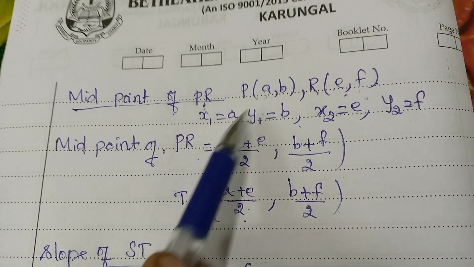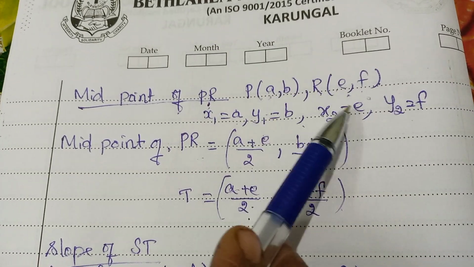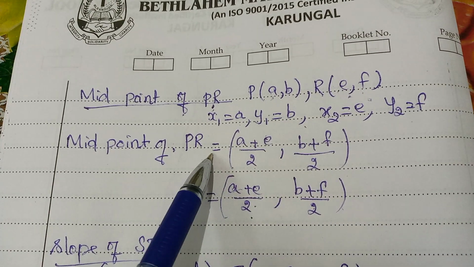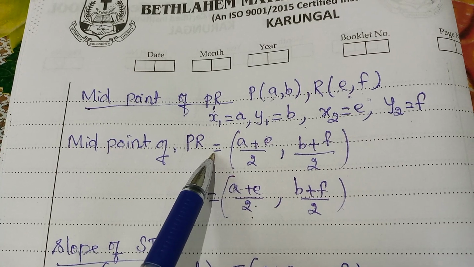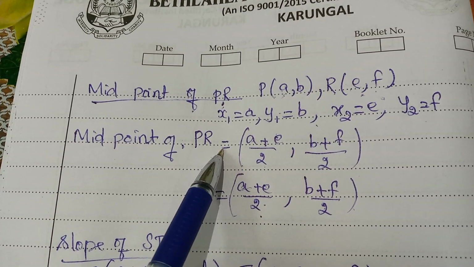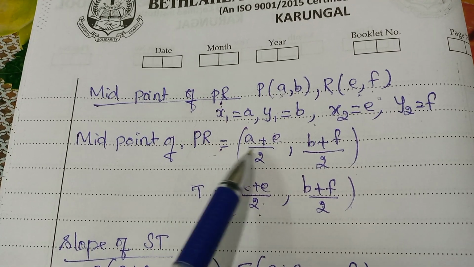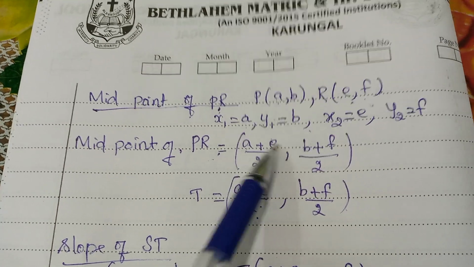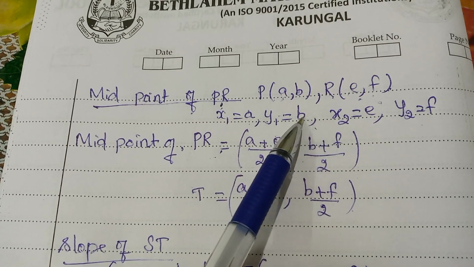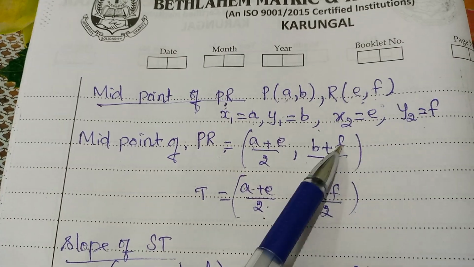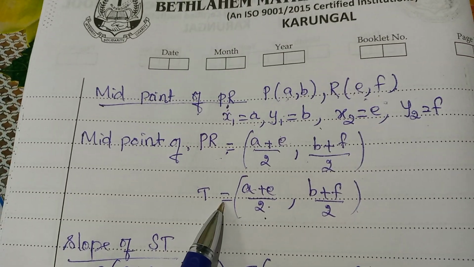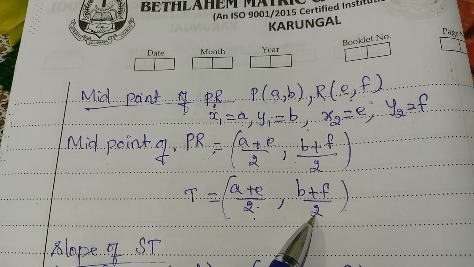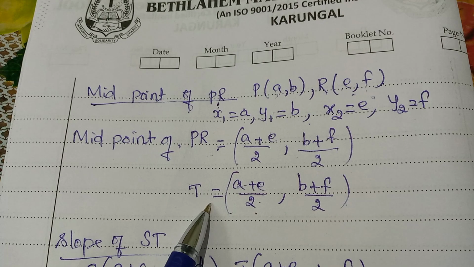Here X1 equal to A, Y1 equal to B, X2 equal to E, Y2 equal to F. Let us substitute in the midpoint formula, X1 plus X2 by 2 comma Y1 plus Y2 by 2, which is equal to A plus E by 2 comma B plus F by 2. That is the point T.